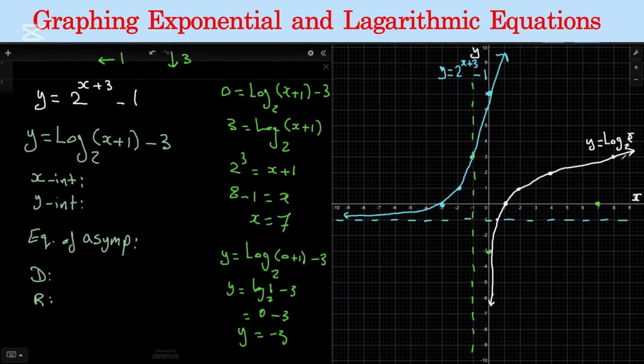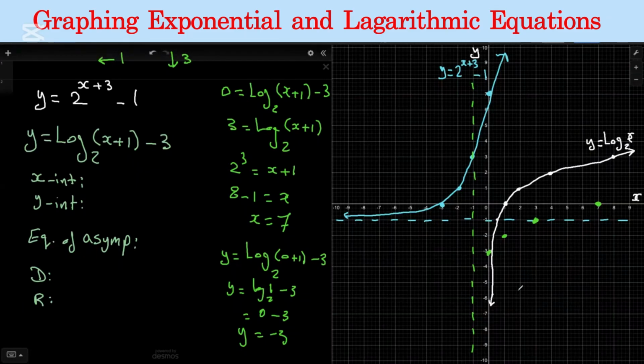So I'm going to take some of these points right here. Let's start at this. Move it 1 to the left and 1, 2, 3 down. This became the x-intercept. Let's take this, move it 1 to the left, 1, 2, 3 down. And then let's take this, move it 1 to the left and 1, 2, 3 down. And then take this, move it 1 to the left and 1, 2, 3 down, which is my y-intercept.